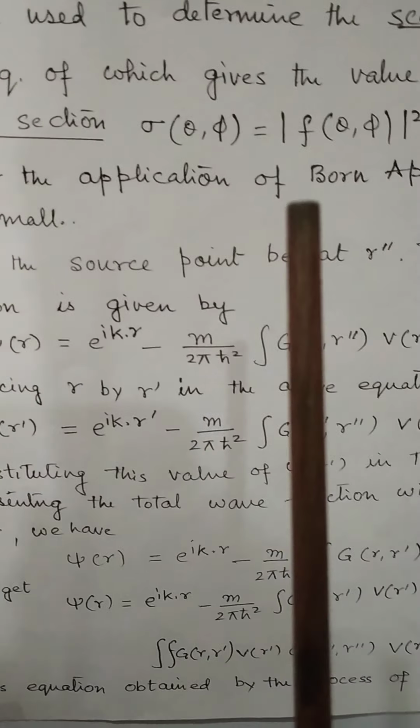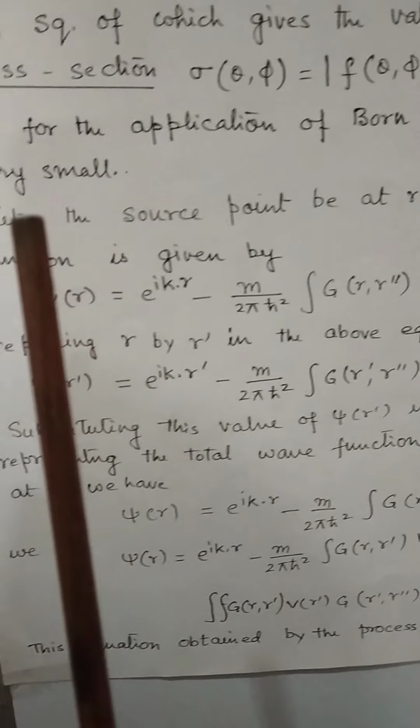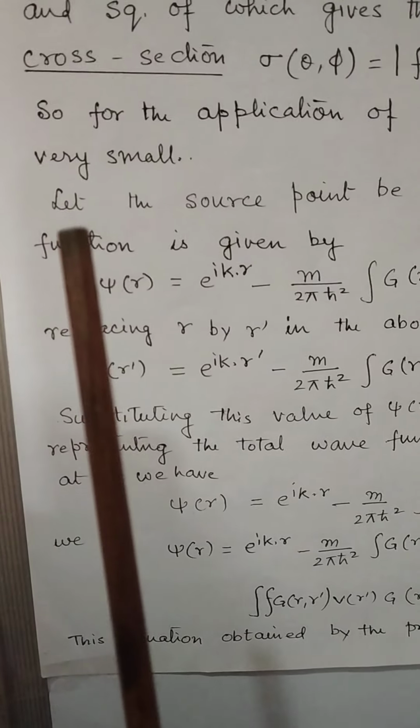So for the application of Born approximation, v is very small.